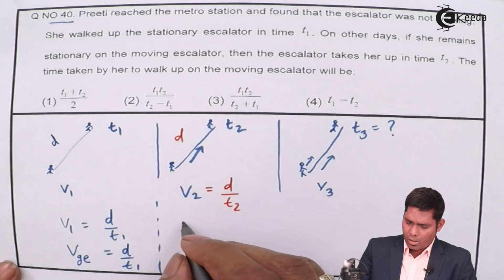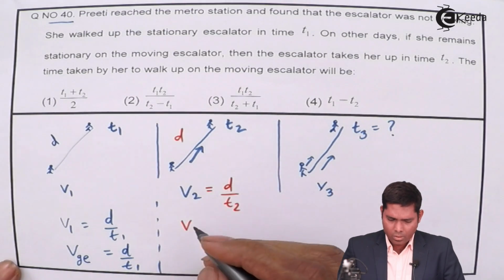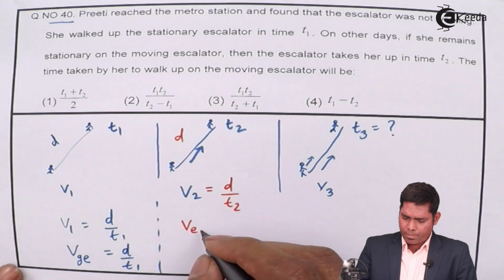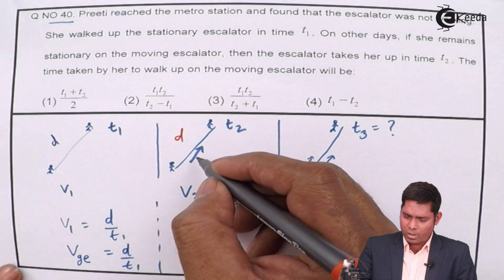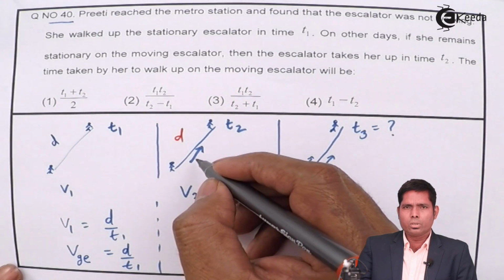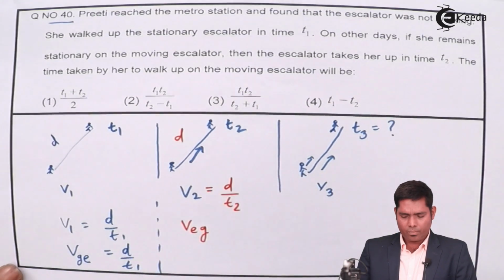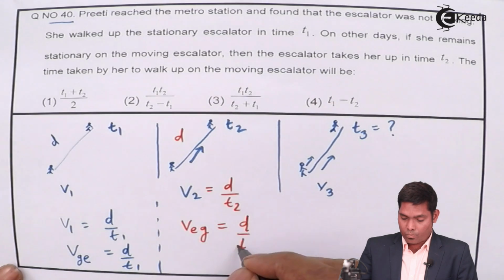This is the velocity of the escalator with respect to ground, because here the girl is not moving, only the escalator is moving. So it is the velocity of the escalator with respect to ground, and that is d over t2.